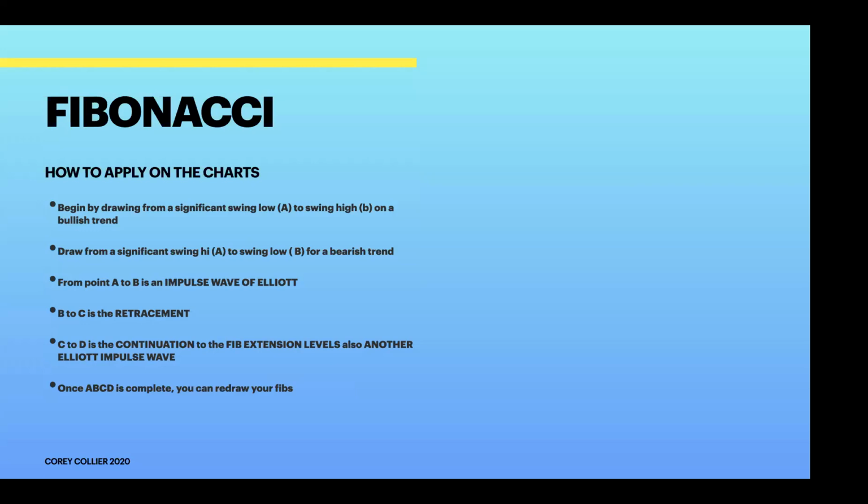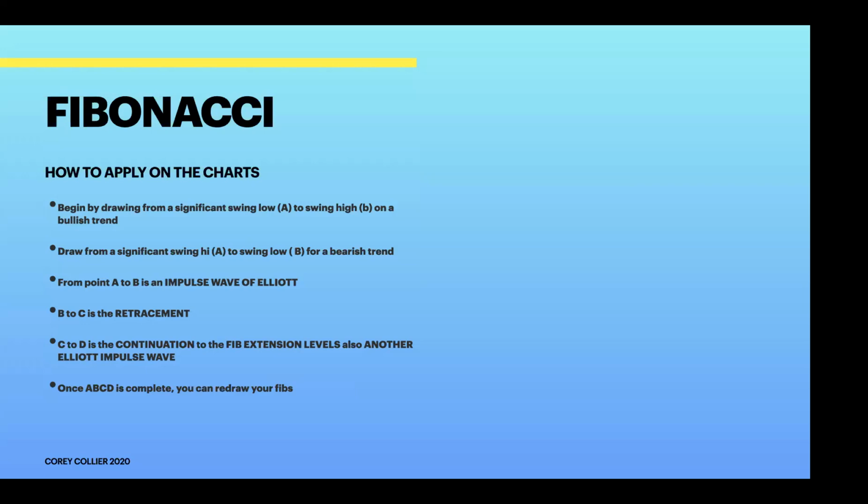From A to B is wave 1, wave 3, or wave 5. B to C is going to be a retracement wave. So that's going to be waves 2 and waves 4. C to D is going to be the continuation to the fib extension levels and also another impulse wave.